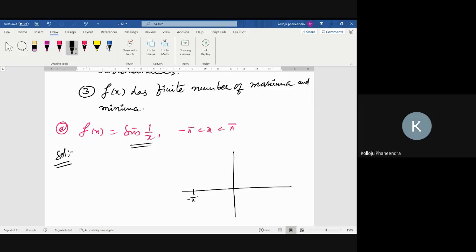This is minus pi and this is plus pi, and this is y equal to sine 1 by x. What is its behavior?